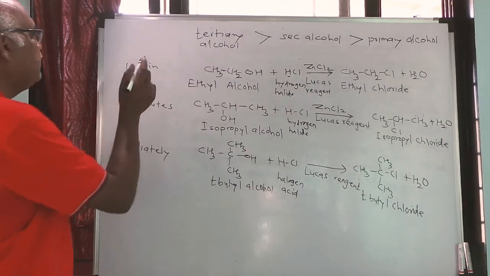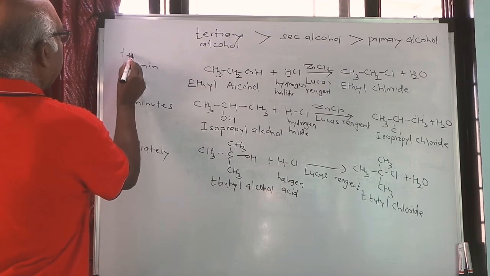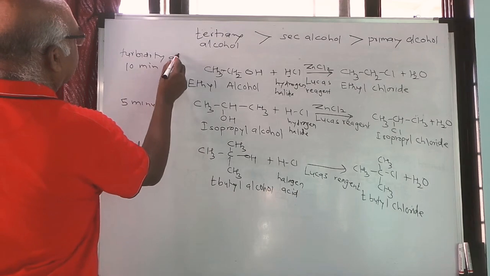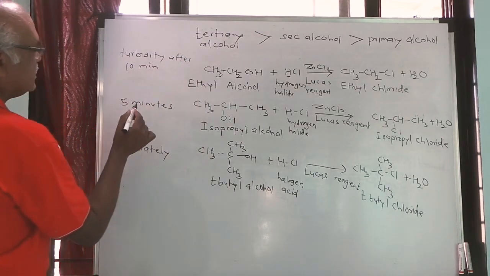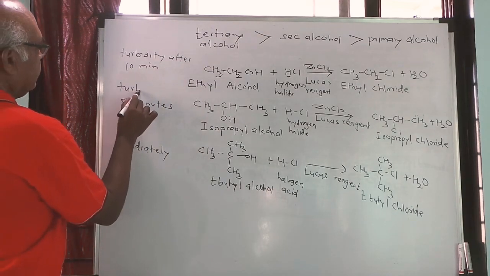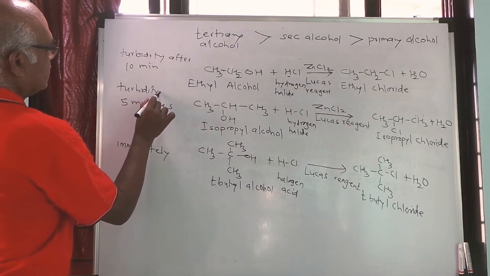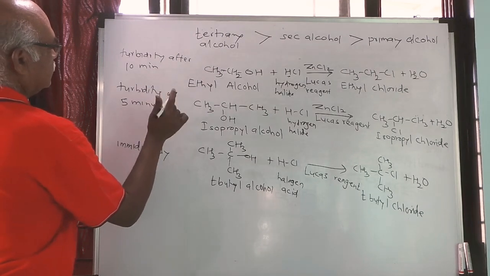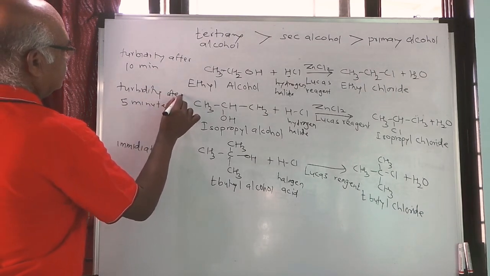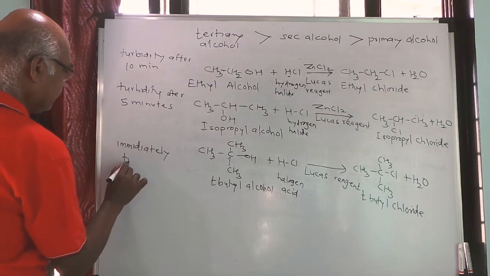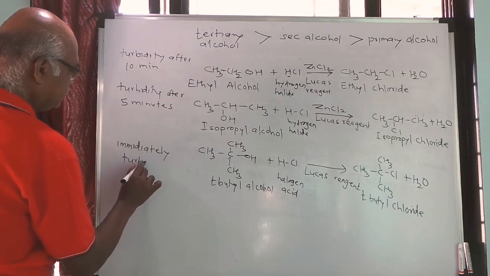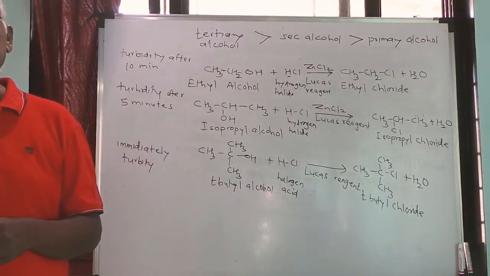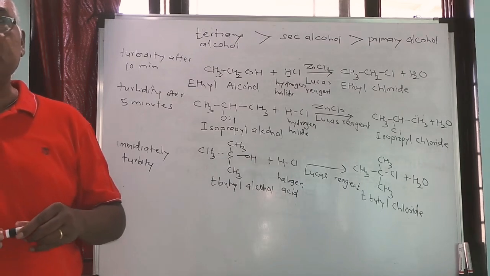So you get turbidity after 10 minutes, turbidity after 5 minutes, and immediate turbidity. So this will be a distinguishing test between primary, secondary and tertiary alcohol.